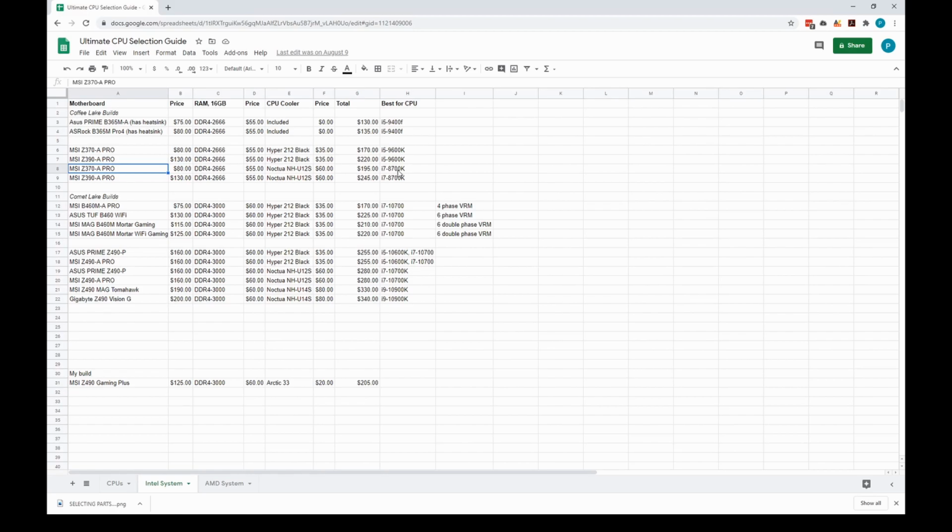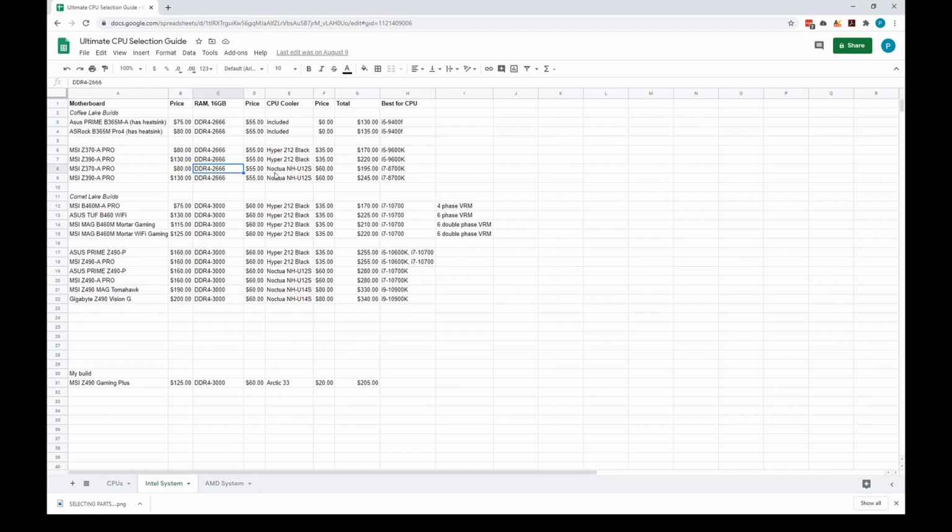For, say, the i7-8700K, if you were to build, well, I don't know if anyone is going to build on this processor right now, but I just included it for reference. I am using either MSI Z370 or Z390 boards, and you can see different price points there.